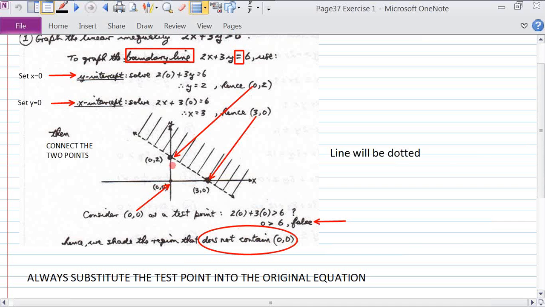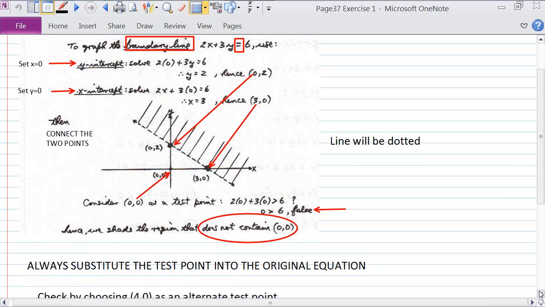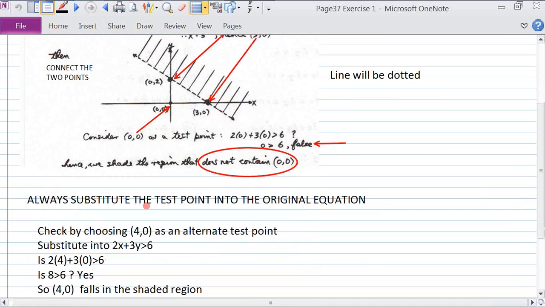So we know, therefore, the other side of the line must be shaded because (0, 0) doesn't fall within that. Now, when you're testing, you always substitute the test point into the original inequality, in this case, 2x plus 3y greater than 6.